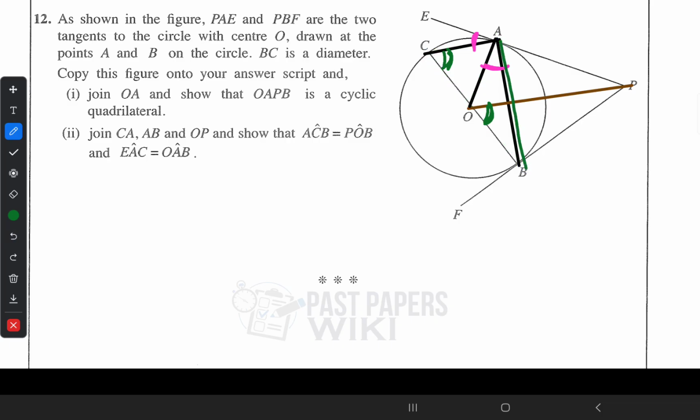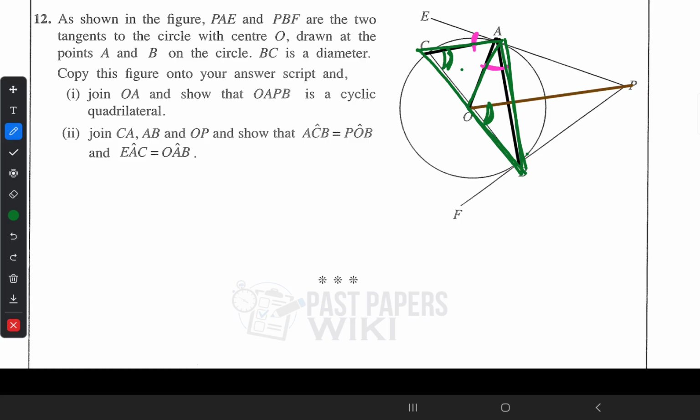This chord creates a triangle subtended on the circumference, so this angle is half of the angle subtended at the center, creating this total angle.